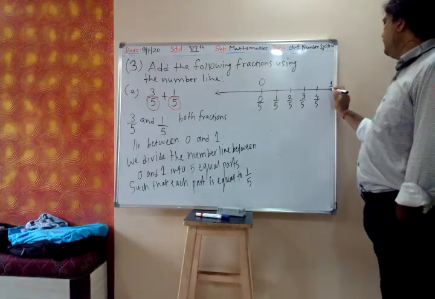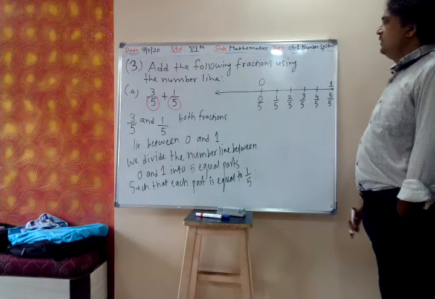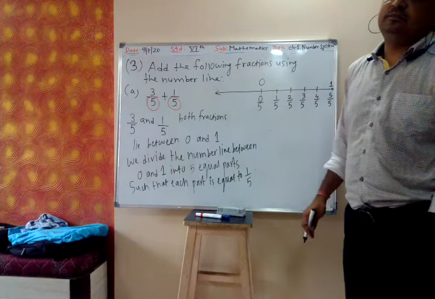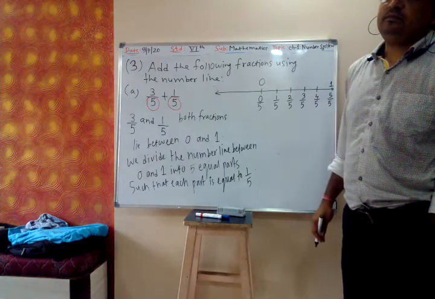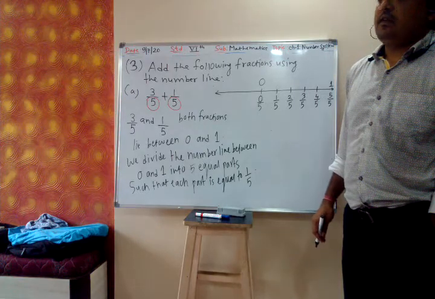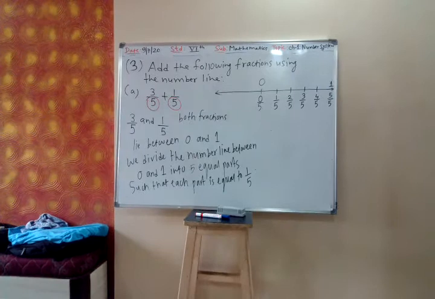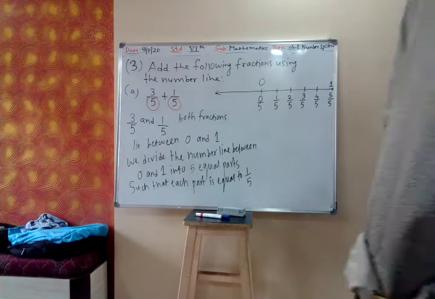So this 1 I can write as 5 upon 5. Yes, it is very much clear, right? So let us explain.